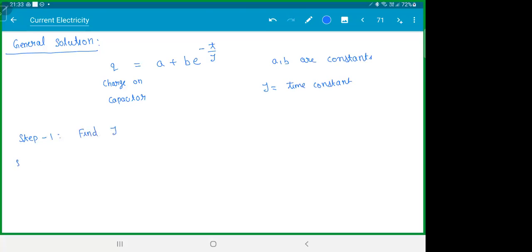Find tau. Step 2. Find charge at t equals 0. Step 3. Find charge at t infinity. So 3 equations, 3 variables. From there, we can solve and get it. Let me show you an example.